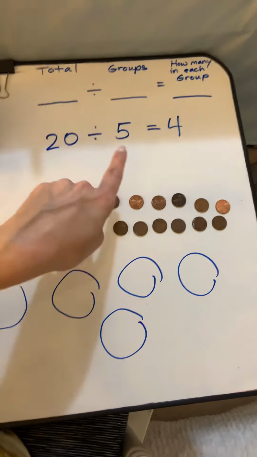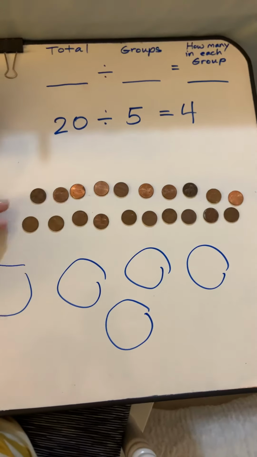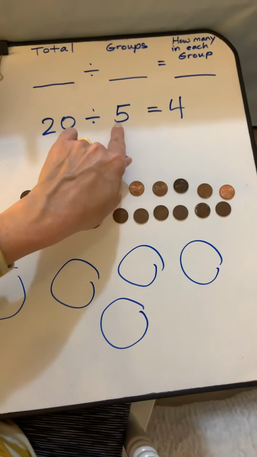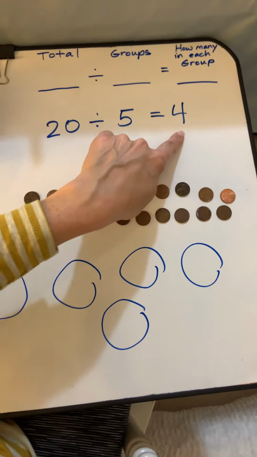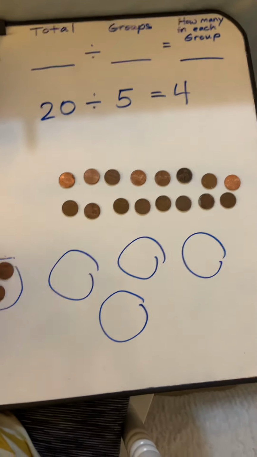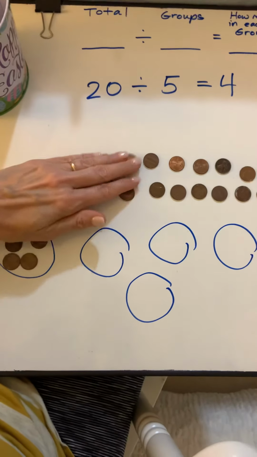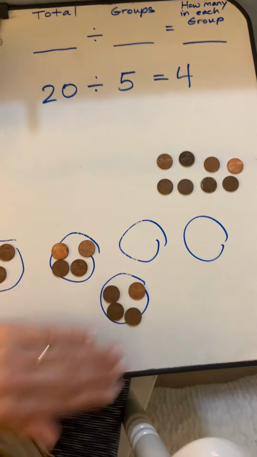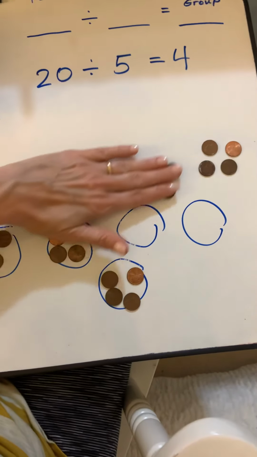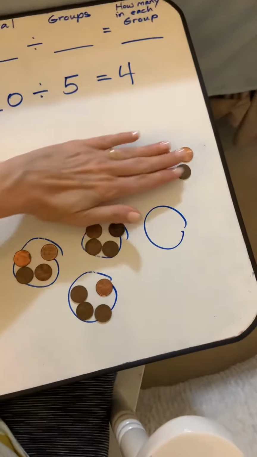And how many groups do I have? 5. So let's see. 5 times what is 20? So I can at least start with a guess of 4. So let's try 4 donuts there. 4 donuts there. 4 donuts there. 4 donuts there.